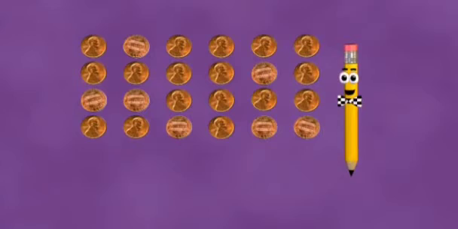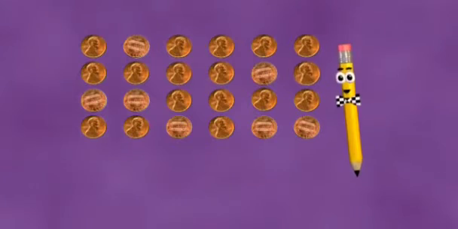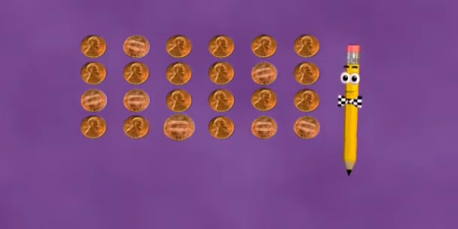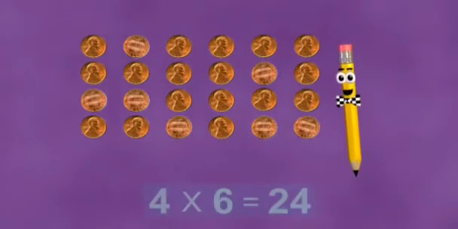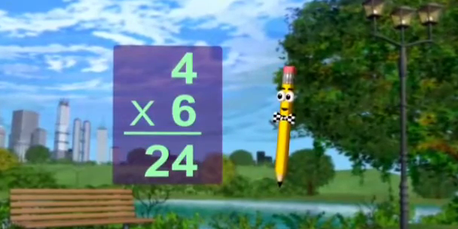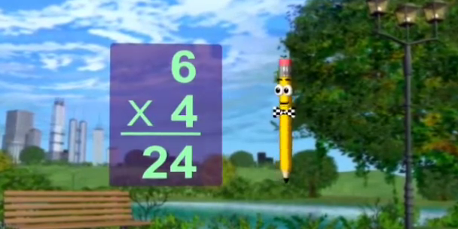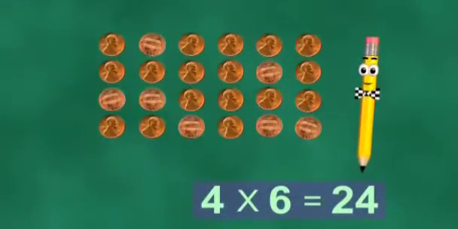How can we count? 1, 2, 3, 4, 5, 6, 7, 8, 9, 10, 11, 12, 13, 14, 15, 16, 17, 18, 19, 20, 21, 22, 23 and 24. 4 groups of 6 makes 24. 4 multiplied by 6 makes 24, or 6 multiplied by 4 makes 24.